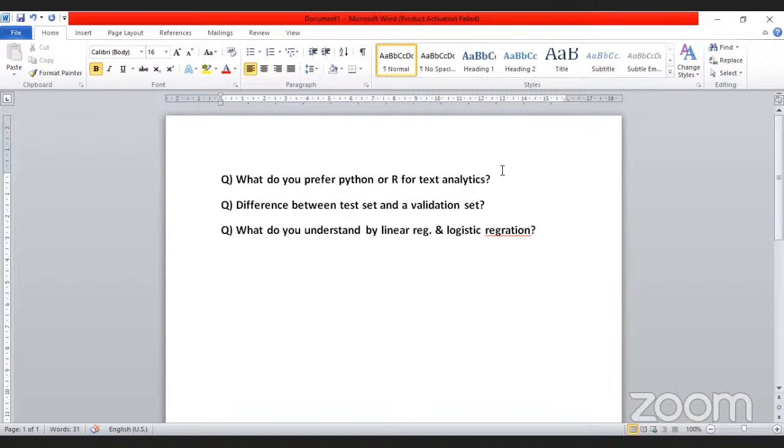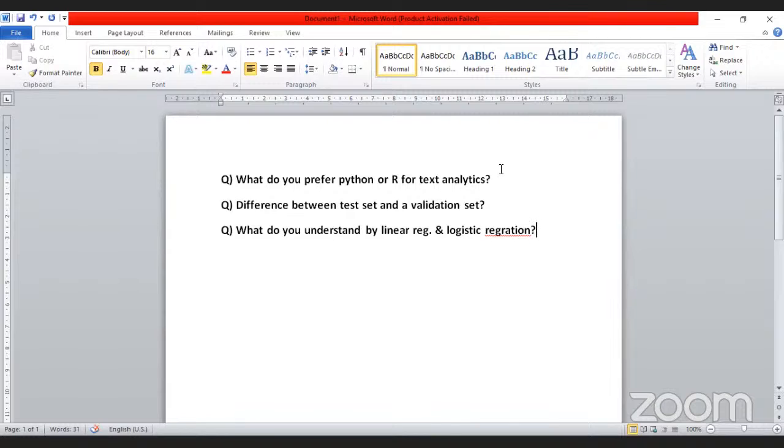Linear regression means we have some input data, and on the basis of that we can predict our output, and that output could be continuous. It is also known as the logit model.